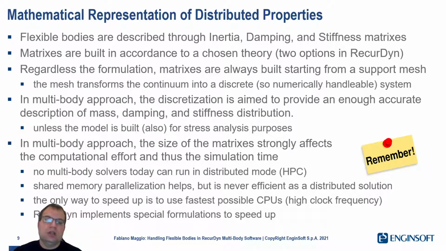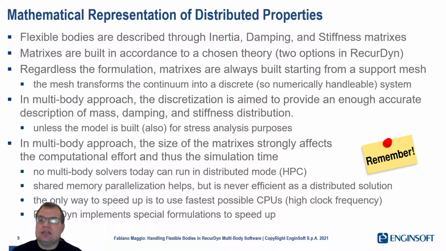And so increasing the size of matrices can return very long calculation time. The only way we have today to make faster simulations is to go for fast CPUs. And the other thing to do is to use a well-conditioned set of formulas, of equations.